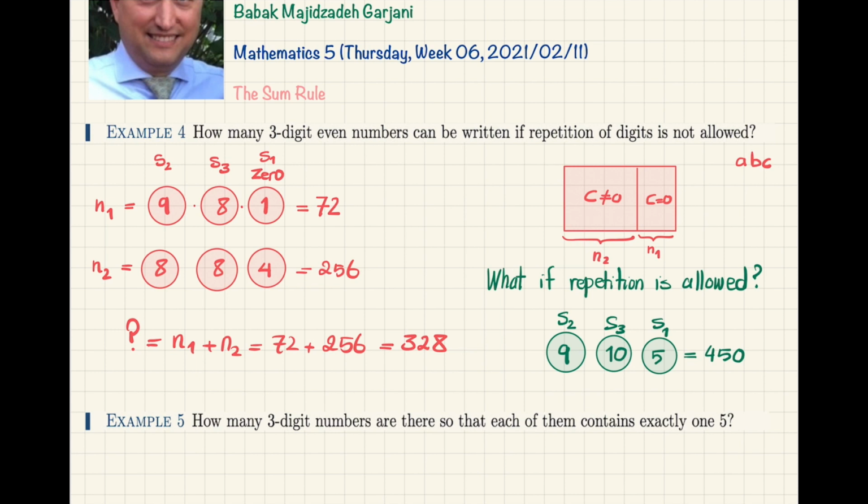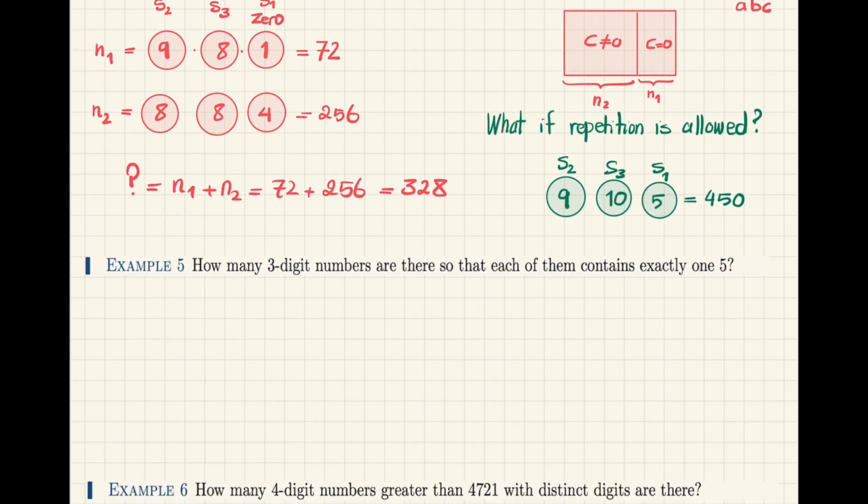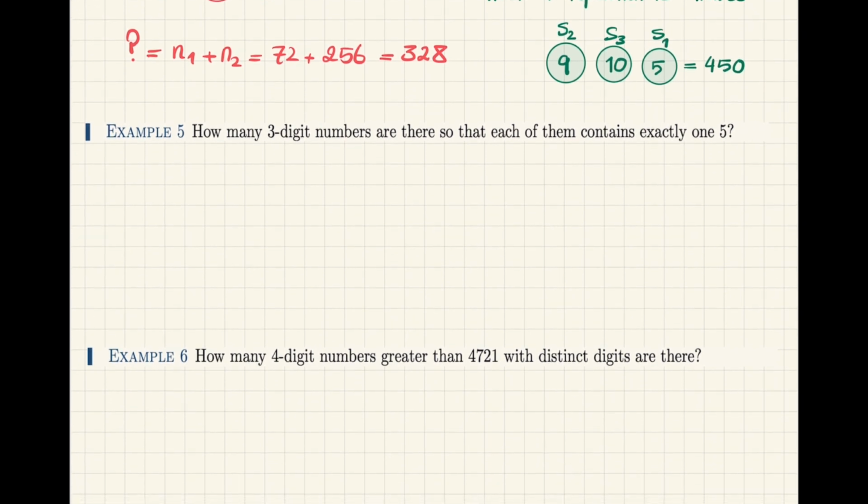So I recommend you to go back and refer to your notes; there is an example that we solved. It was how many 3-digit odd numbers can be written if repetition of digits is not allowed. Exactly the same problem, except we had odd there, and we solved it only with the product rule. We didn't need both of them.